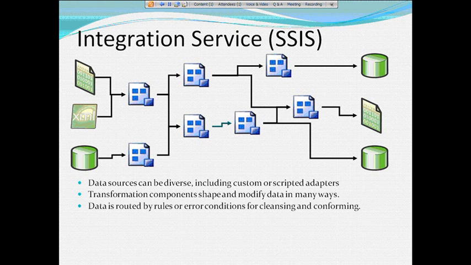The transformations help in actually transforming the data, but it also comes with a task to split the data based on various conditions and business rules. Now, not all the business logic can be implemented with the transformations that come with ETL tools.